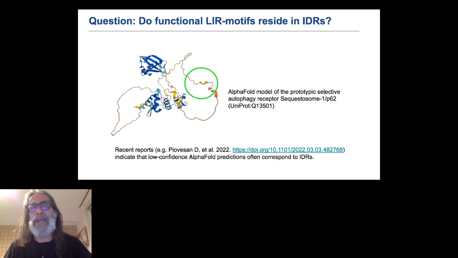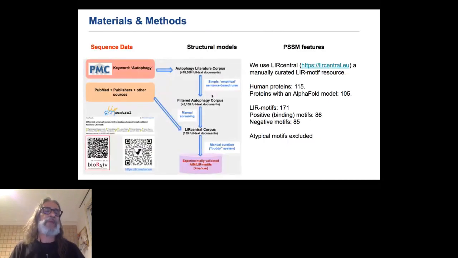So the question is, can we use AlphaFold models and the prediction confidence to inform prediction of functional LIR motifs and discriminate them from false positives?